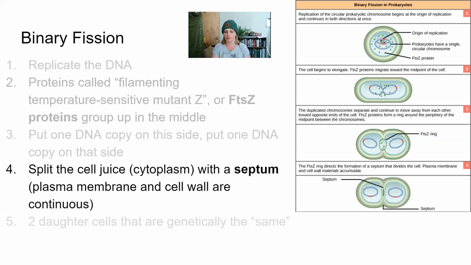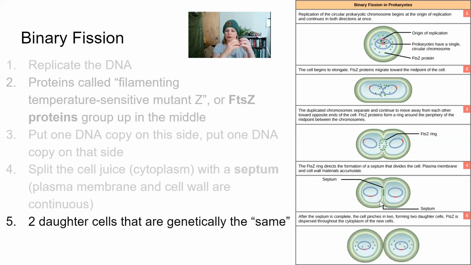The cytoplasm is starting to be split between these 2. We see the septum, the plasma membrane and the cell wall are going to eventually pinch off, boop. And then we are going to have 2 daughter cells that are genetically the same as each other and as the parent cell, assuming that DNA replication didn't introduce any mutations.